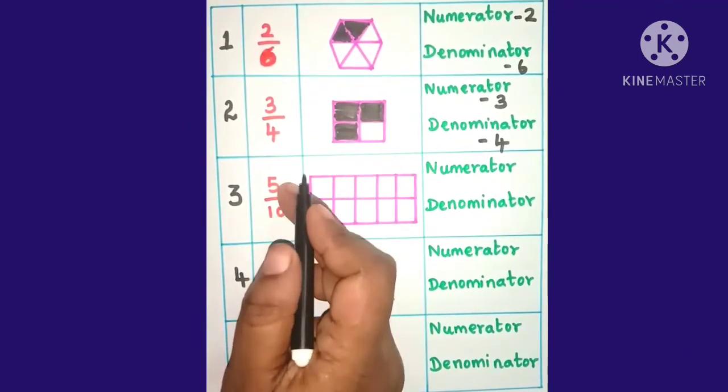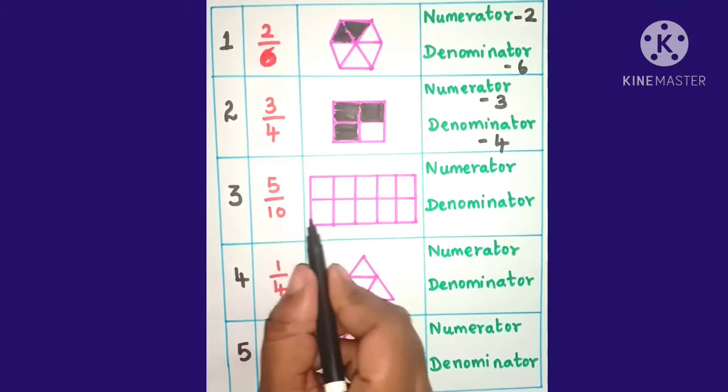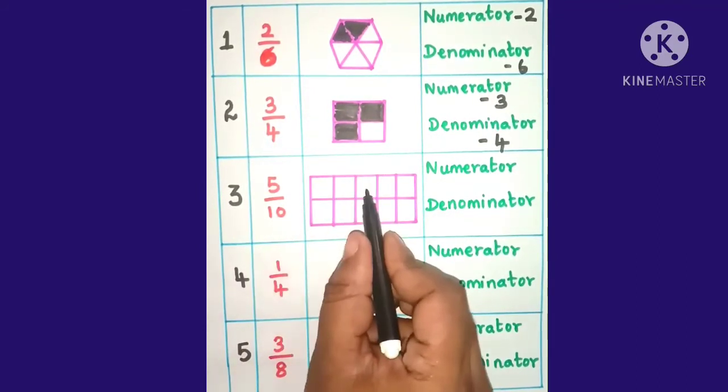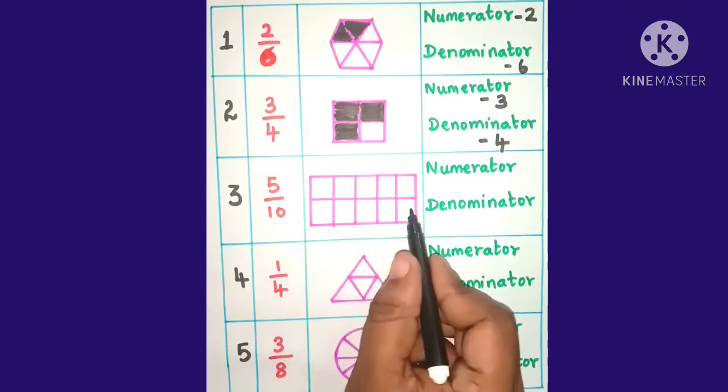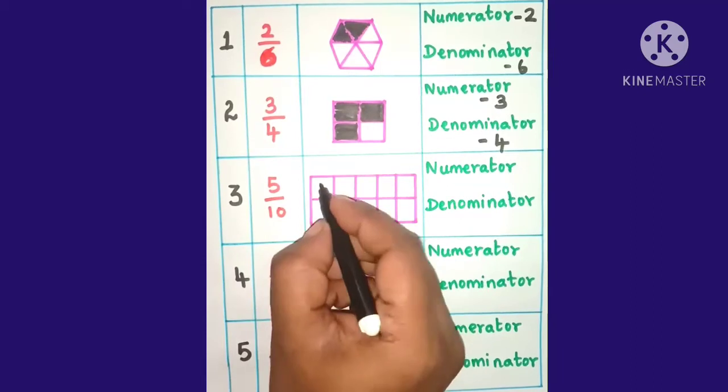The third one, 5 by 10. So total number of parts is 10. 1, 2, 3, 4, 5, 6, 7, 8, 9, 10. From 10 parts, we are going to shade 5 parts.